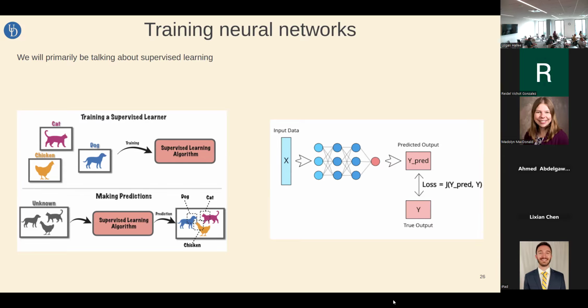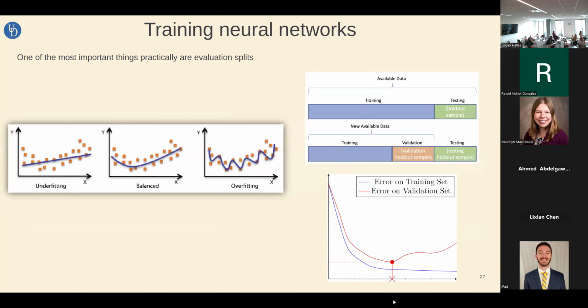Initially, this will be very bad because the network is randomly initialized, but then you will compare your output to the real answer with some error function, which you call the loss function. Error is something you want to minimize, right? You want to reduce the error, so you minimize the loss function. And you're going to update the weights to do that. And that's the most basic form of supervised learning.